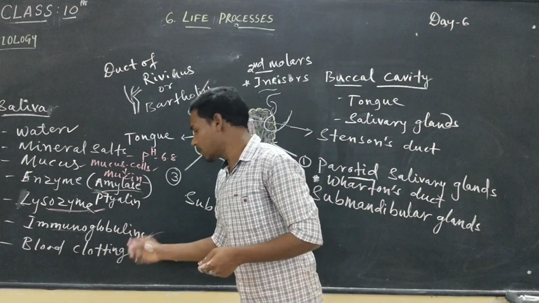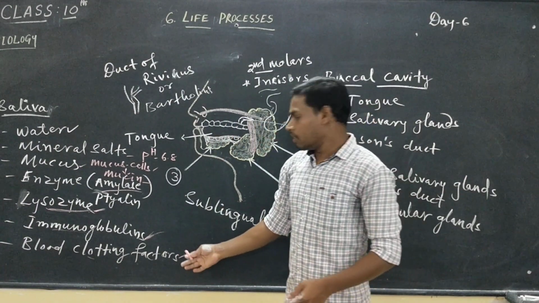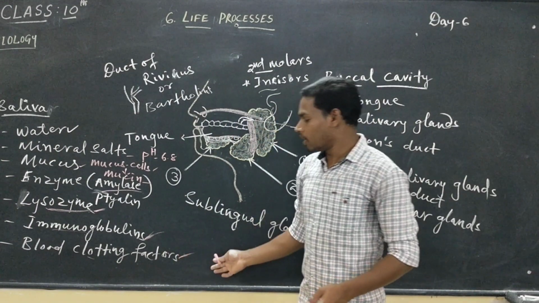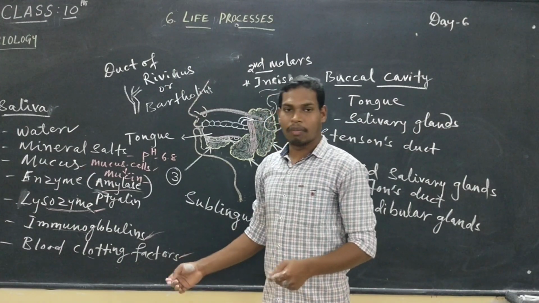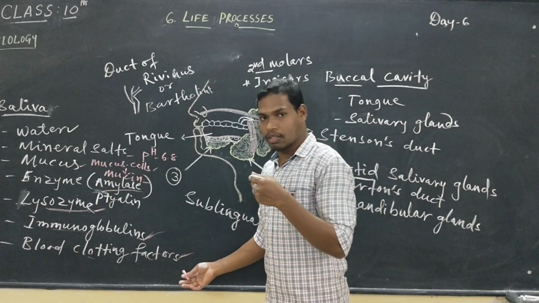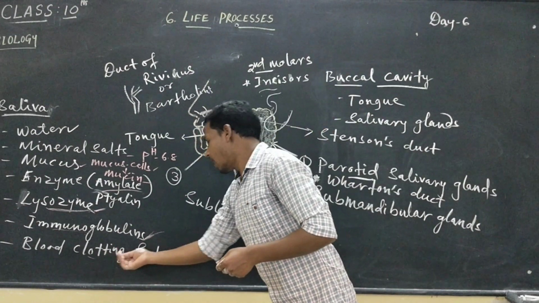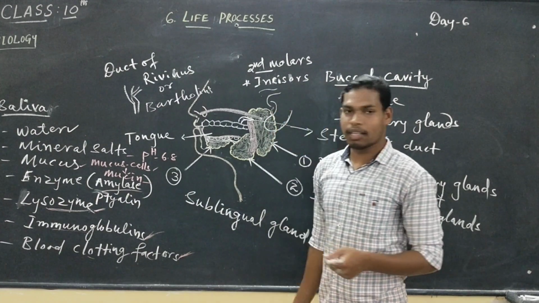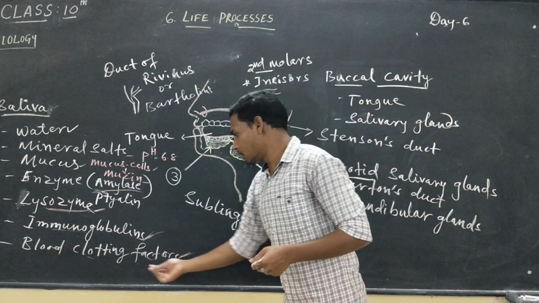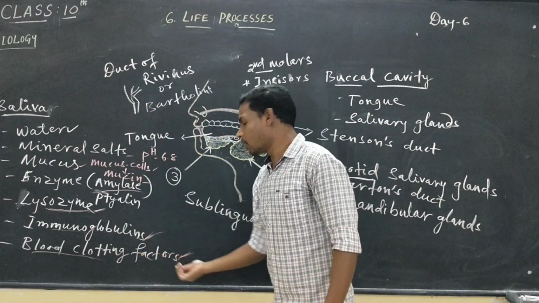Next is blood clotting factor. You might be familiar with this: whenever you are brushing, the gums sometimes bleed. After some time the bleeding of the gums stops because saliva contains blood clotting factors.